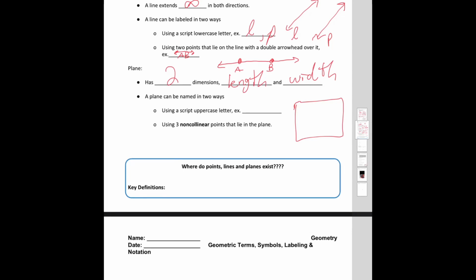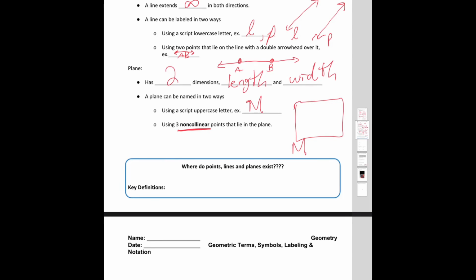Here, we can name this in 2 ways. Usually we use an uppercase letter instead of a lowercase letter here. So say this is plane M, capital M. We could also label this plane using 3 non-collinear points that lie in the plane. Non-collinear we're about to get into, meaning they are not in a straight line.